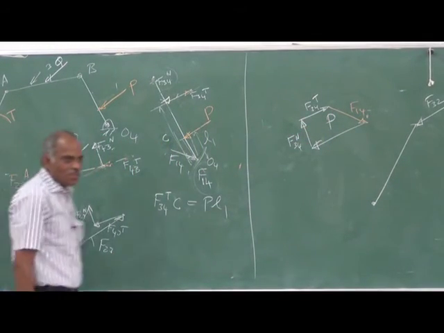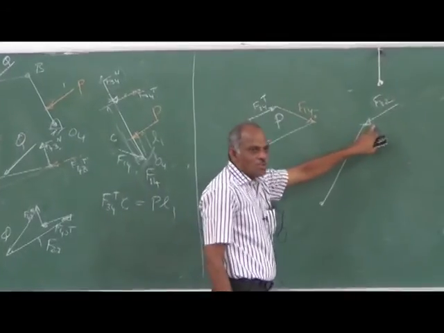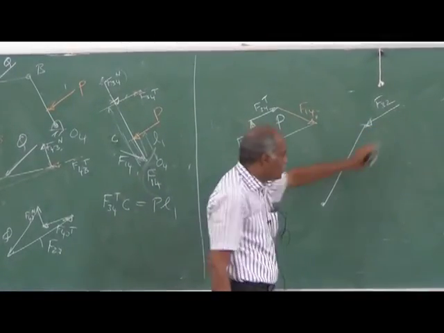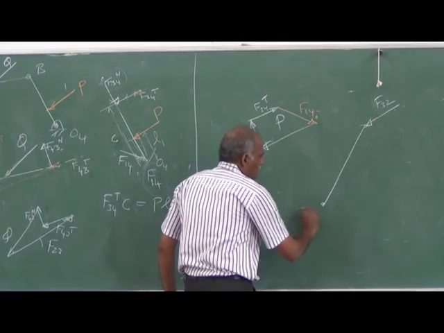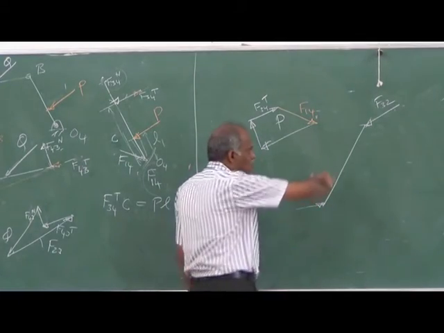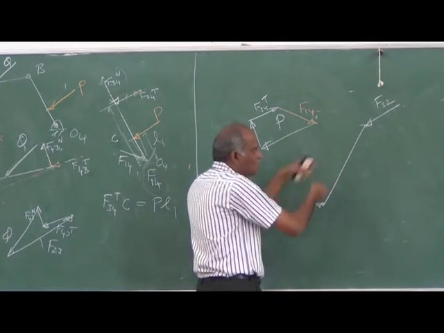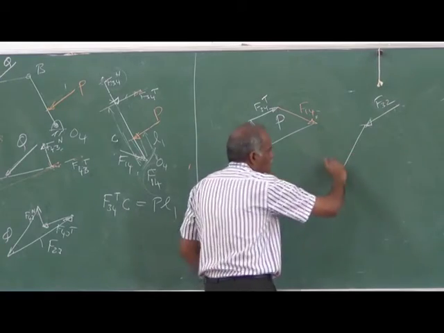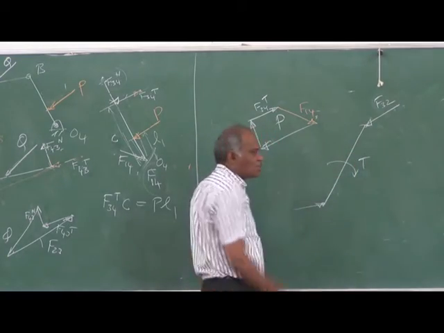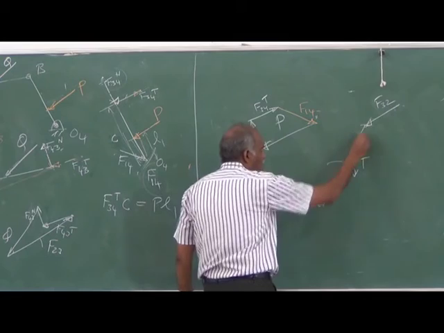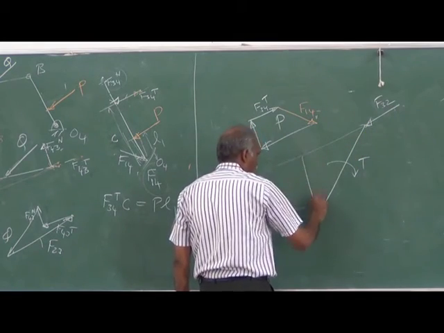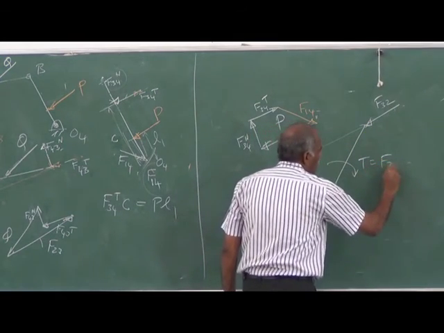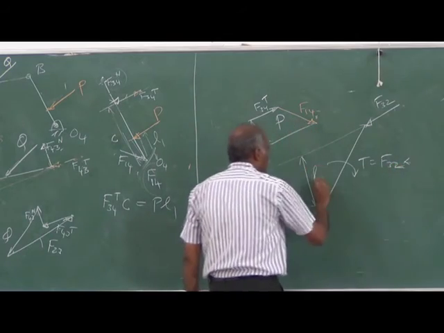Now coming to this particular thing, of course this is quite now familiar to you. Now this force has to be like this. So this is producing an anti-clockwise moment, so it should be the torque like this. So its magnitude should be F32 into this particular distance. Suppose this is L4.